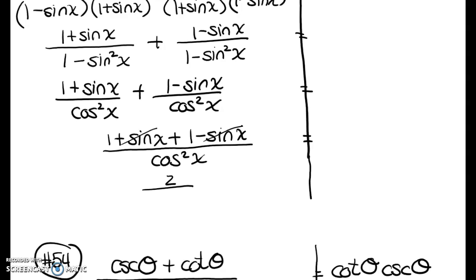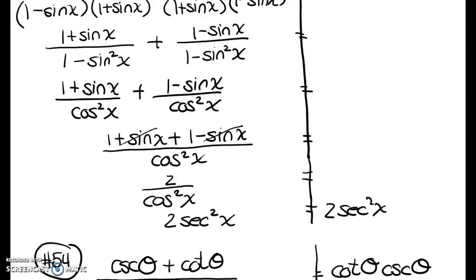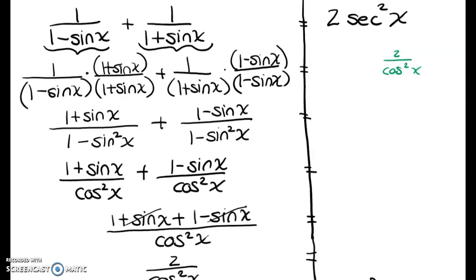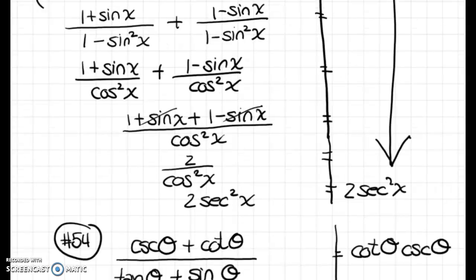We get 2 over cosine squared x, which equals 2 secant squared x. So we did prove this. By keeping this in mind, when I got to a certain stage, I knew I did it correctly. Don't forget to draw your arrow down.